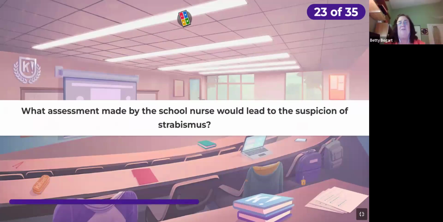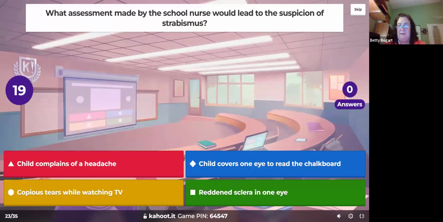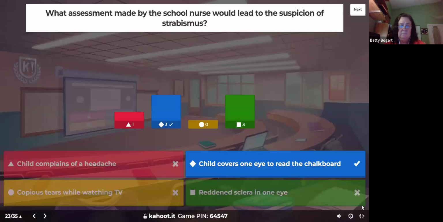What assessment by the school nurse would lead to the suspicion of strabismus? So, what is strabismus? Isn't that when they're cross-eyed, right?